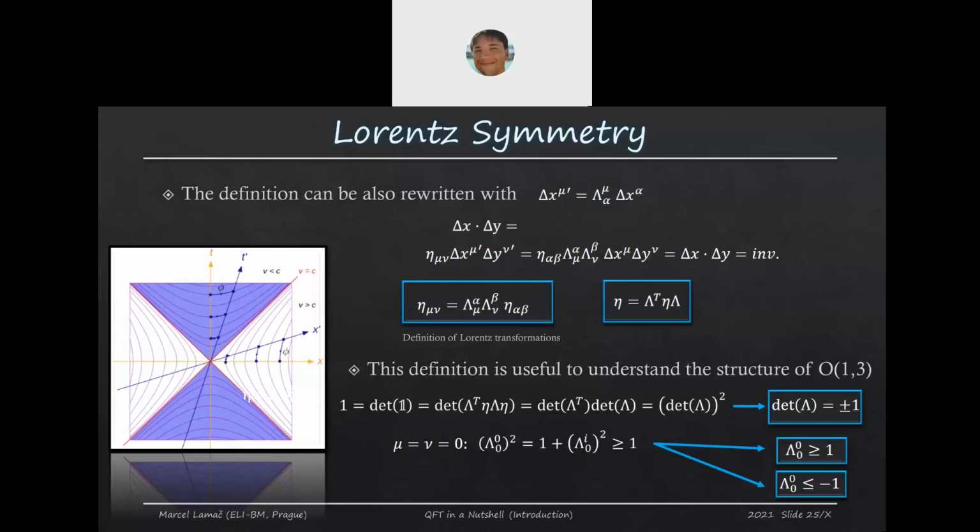So this is Lambda 0, 0 minus Lambda i 0, Lambda i 0, with the Einstein summation over i. This can be simply written as Lambda 0 0 square minus Lambda i 0 square.